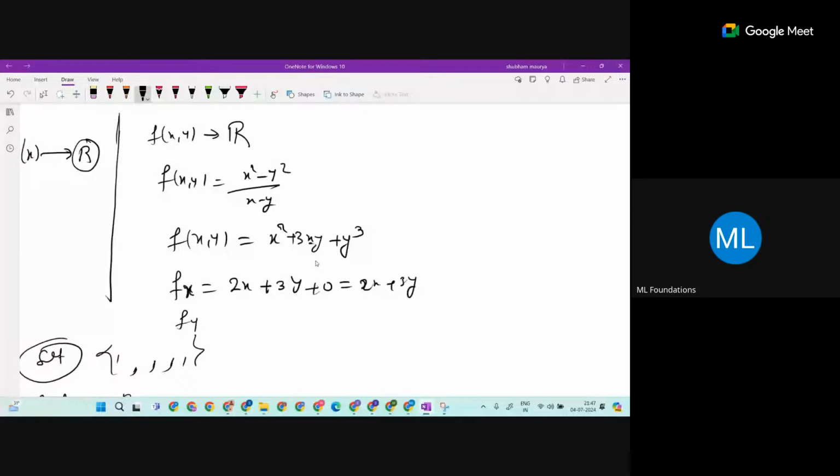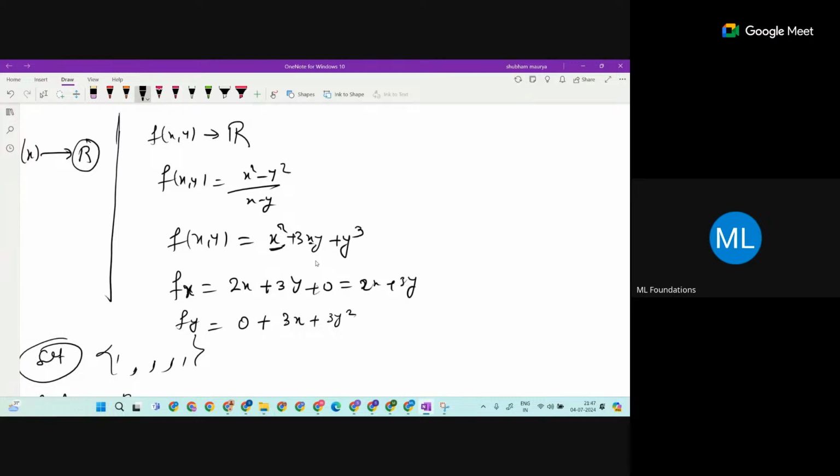Similarly, for the partial derivative with respect to y, we treat x as a constant and y as a variable. So this is 0 plus 3x, and this is 3y square.